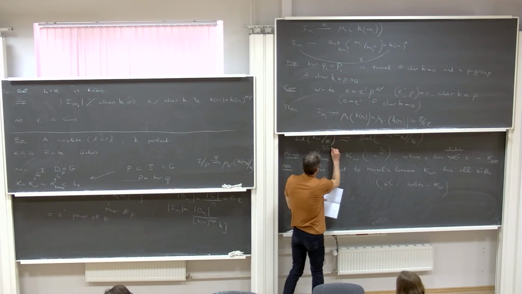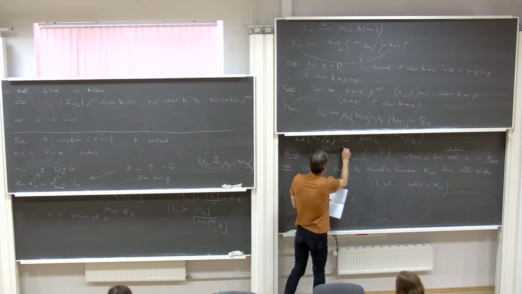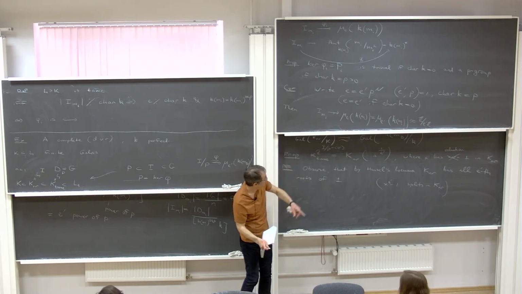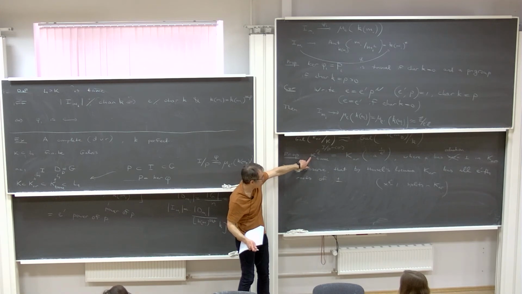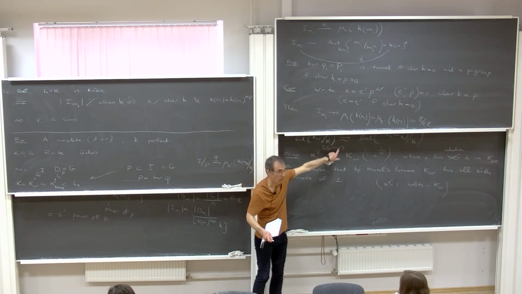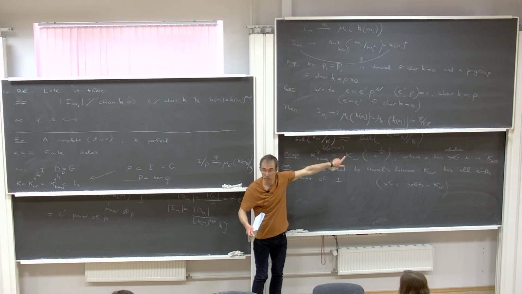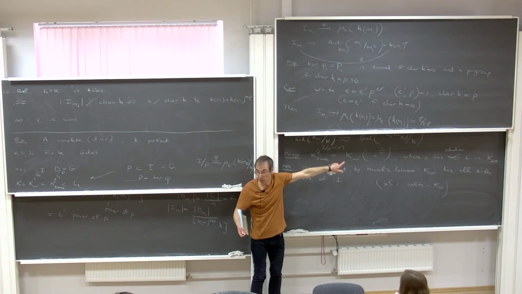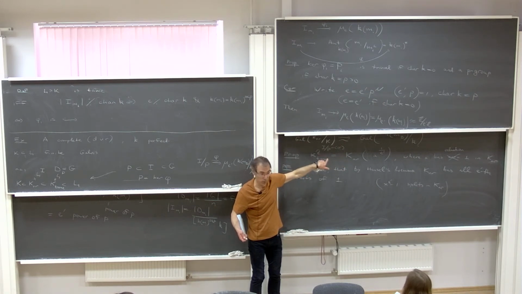It's generated by one element, sigma, of order e prime. So you have a vector space and an operator of order e prime, so it's diagonalizable because you have all roots of unity of appropriate order.